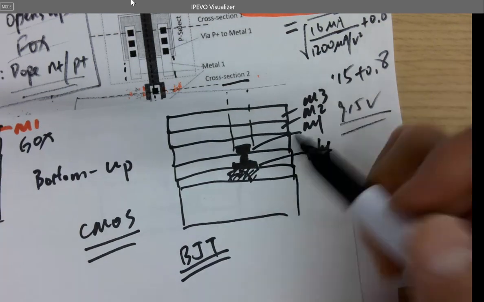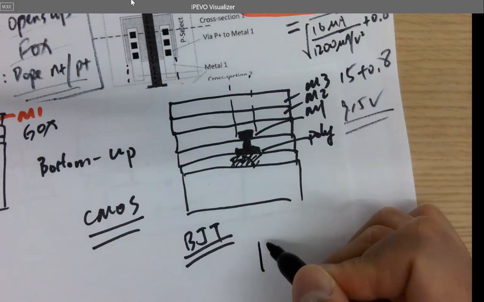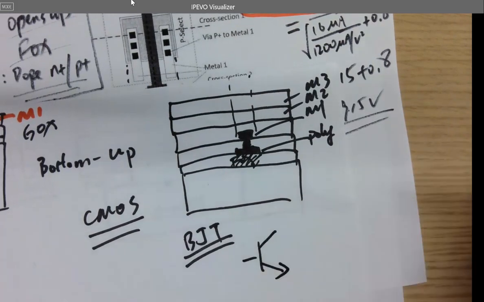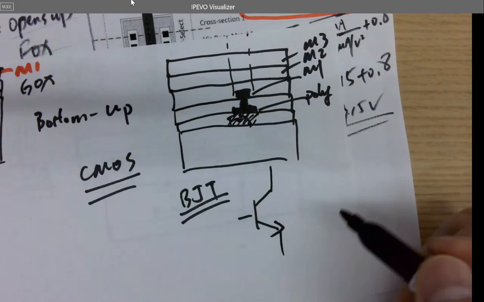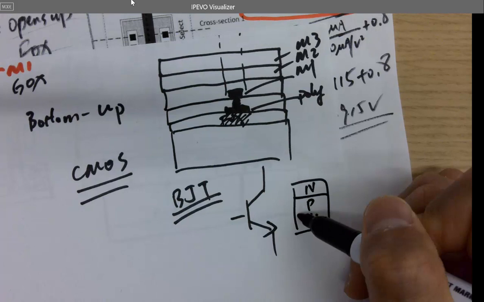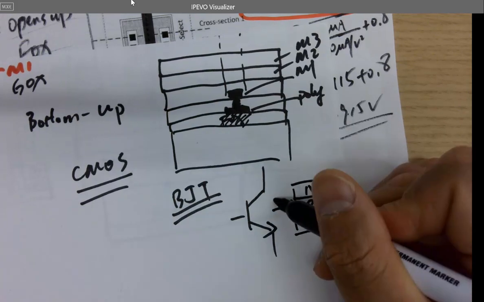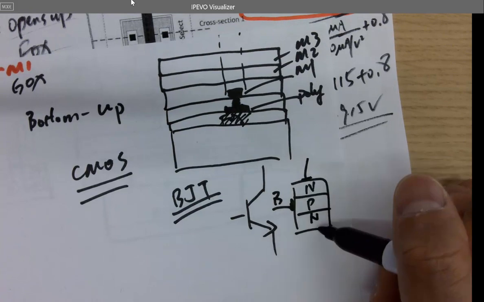It used to be BJTs everywhere, like these ones. You've probably seen this somewhere, right? These are NPN transistors, just NPN materials. It's a junction, and you have a wire at the base, and a wire at each of the other terminals.